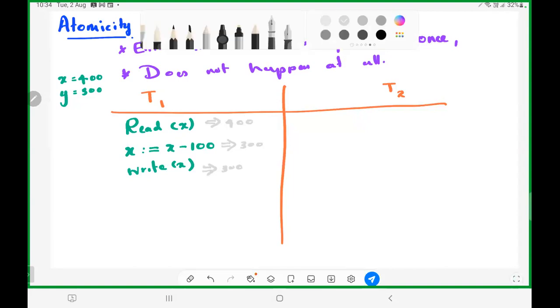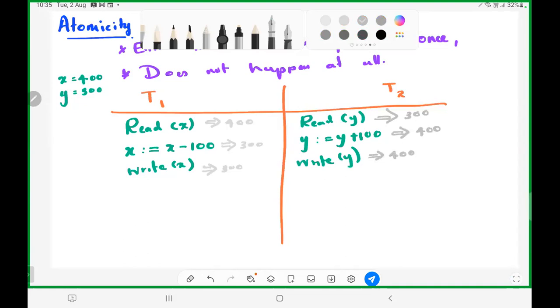Other transaction, read Y. Then they will add 100 rupees to Y and write Y. What are the outputs here? They read Y, Y is 300, they add 100 to this 300, it is 400, and they will write it as 400. This is the output, right?